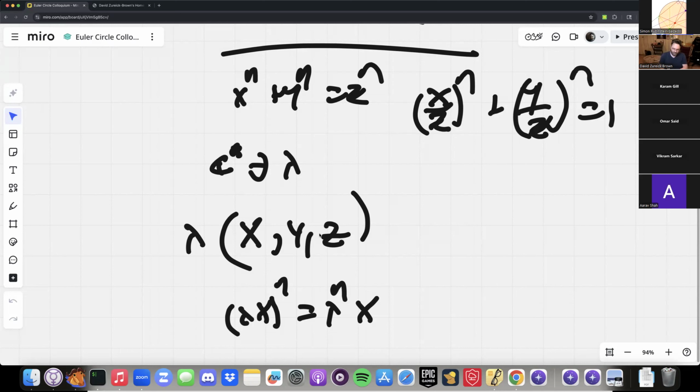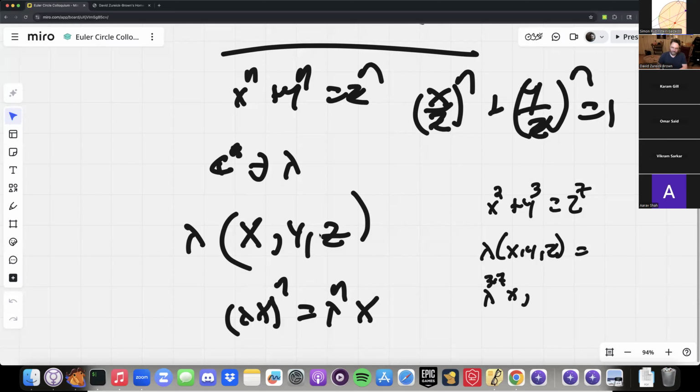On the other hand, if I try to solve something like x squared plus y cubed equals z to the 7, the same action doesn't work. So what I have to do is, if I take x, y, z, I can twist the action. So I can have lambda act on x by 3 times 7, act on y by 2 times 7, and then act on z by 2 times 3.